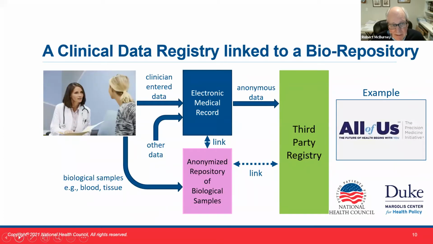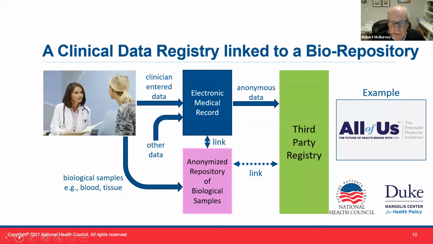Of course, there are more complicated registries, and I give this example here because it's a very relevant example in the United States at the moment. And so in addition to the simple registry containing data from an electronic medical record that is anonymized, there are many initiatives that also hold biological samples like blood or tissue samples, and they are held in a biorepository, and they are usually consented by the patient to be held in that biorepository.